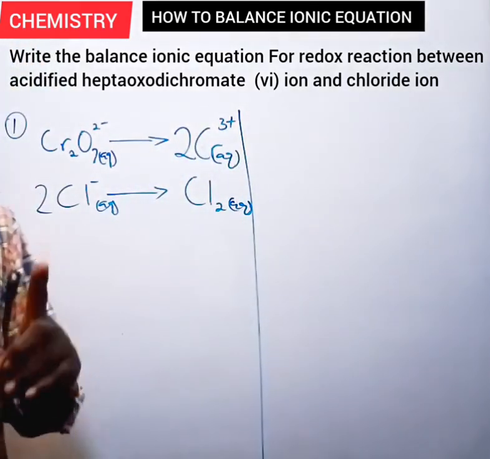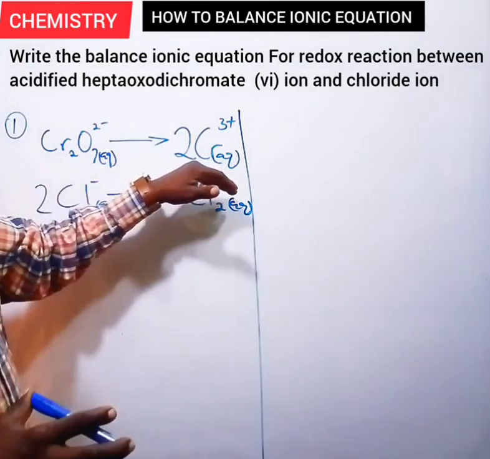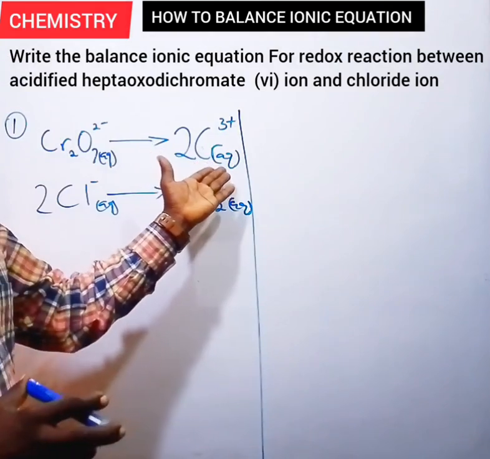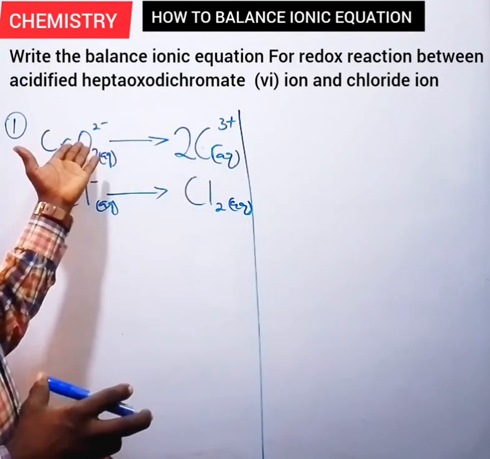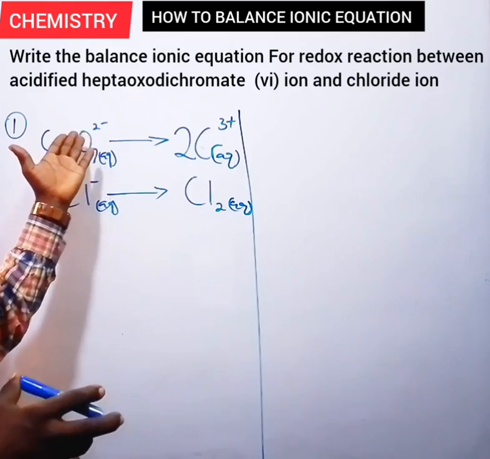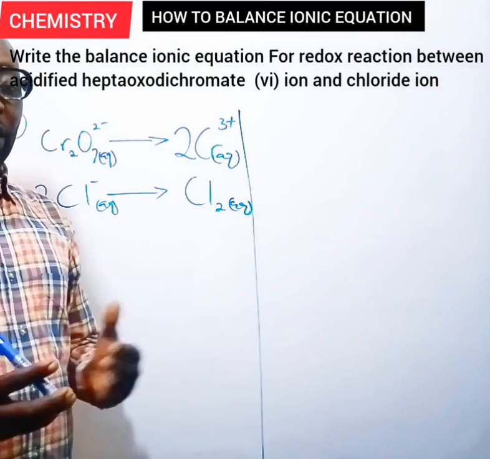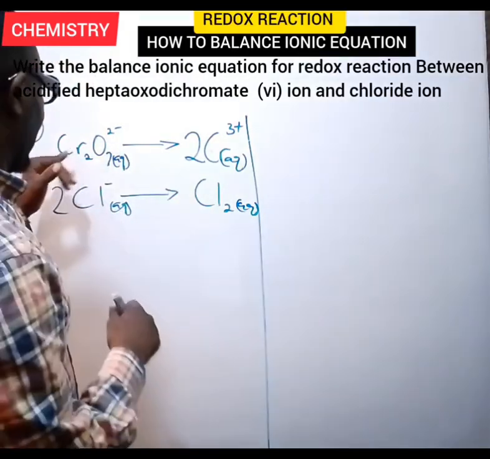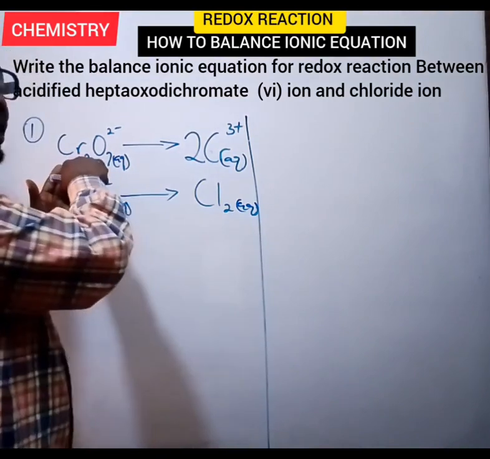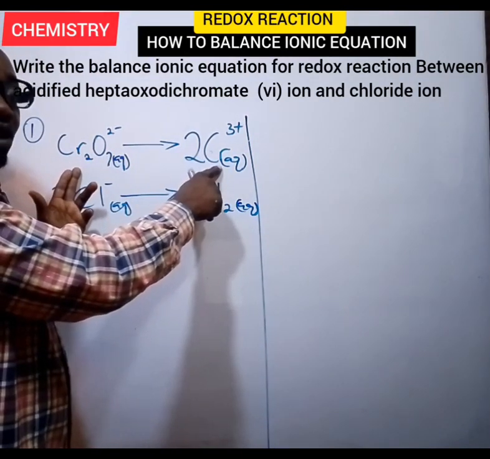Now, I've been able to write the product which they are going to lead to. You will be arguing with me that there's oxygen here. Where is it? You will still see where the oxygen is going to show. What you need to take note of here is the oxidation number of chromium. Compare it to what we have here.